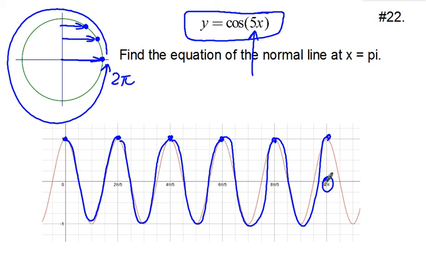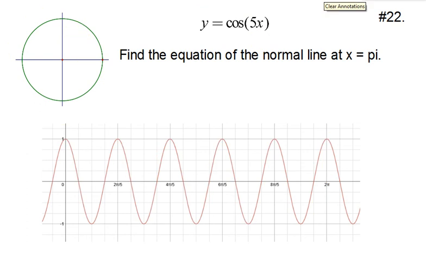We get 5 complete cycles of outputs. So that's what's going on with the function. We just get more periods within the interval from 0 to 2 pi. With that, let's see if we can answer this question about the normal line.